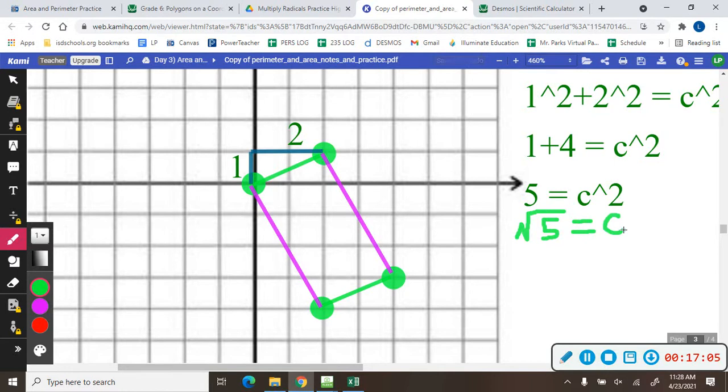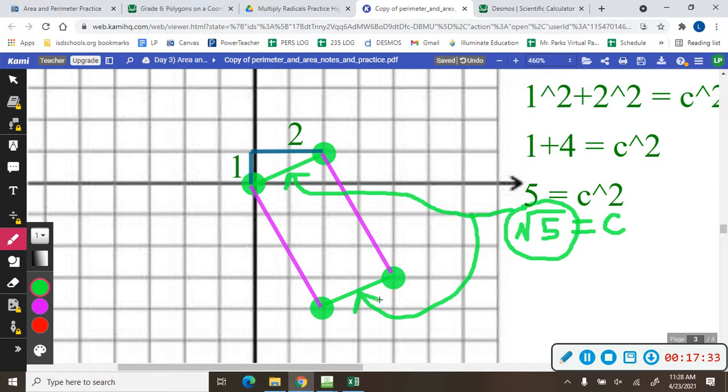You can either leave that as square root of 5. I actually kind of recommend leaving it as square root of 5 myself. So you know that this is square root of 5. If square roots scare you, you could probably change it to a decimal, but I know that this is square root of 5, which means also this is square root of 5, because it's a rectangle.